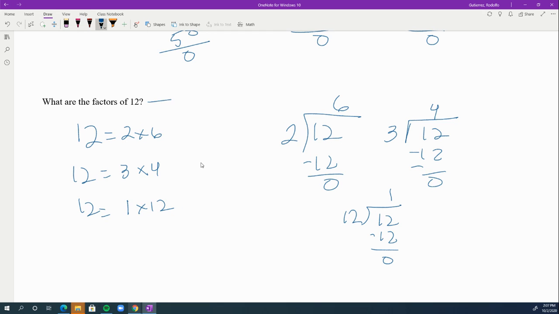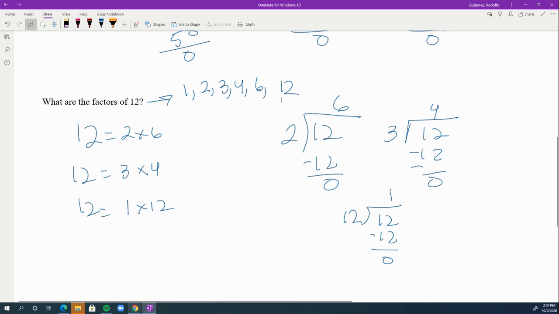So here we know that the factors of 12 are 1, 2, 3, 4, 6, and 12. Those are the factors of that number.